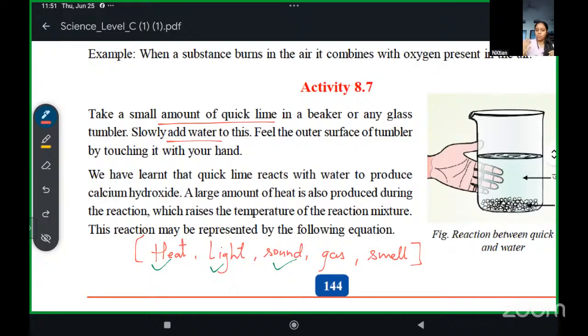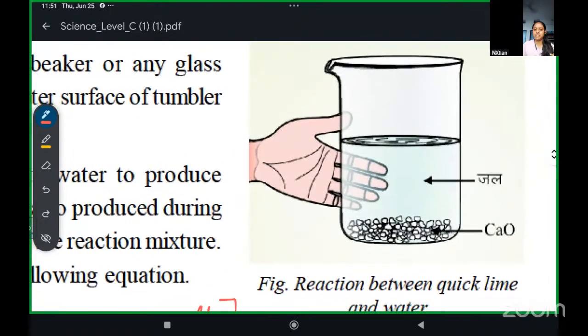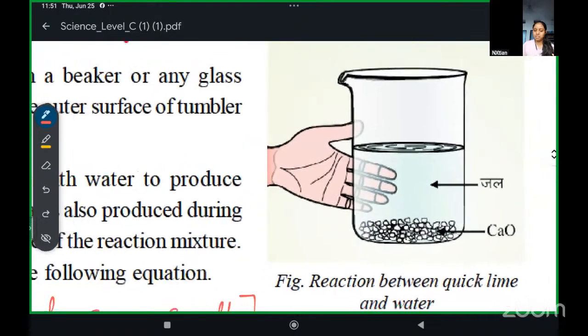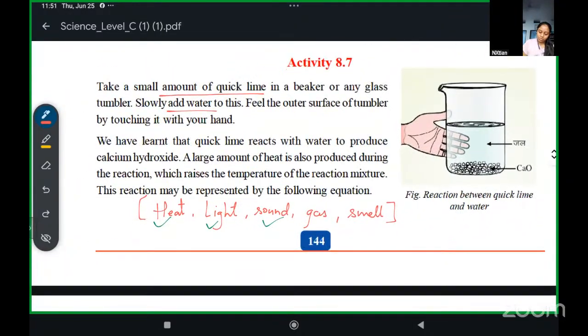Why is that happening? Because heat is being produced in this reaction. A large amount of heat is produced during the reaction, which raises the temperature of the reaction mixture.